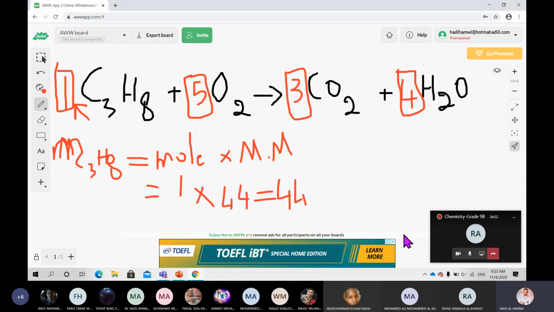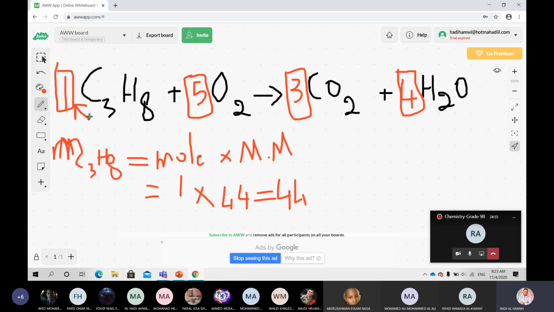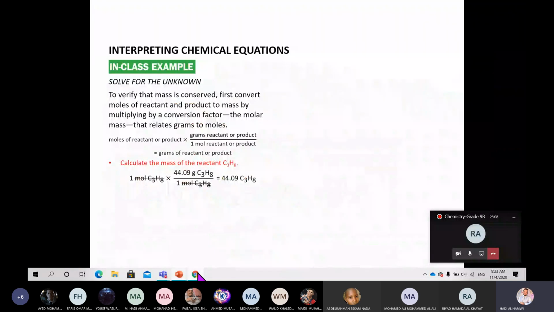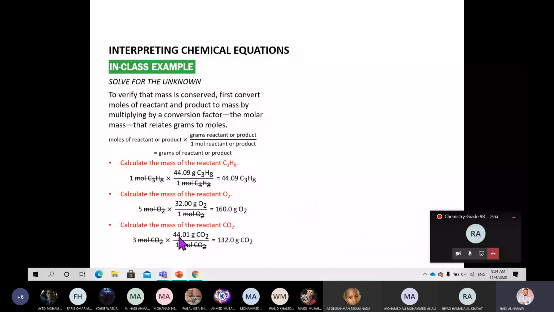If you want to find now the mass of oxygen, the same thing. You multiply 5 times 16 times 2, because we have 2 oxygen atoms. This is the molar mass, 32, and you multiply it by 5. The same thing for carbon dioxide. The molar mass of carbon dioxide is 44.